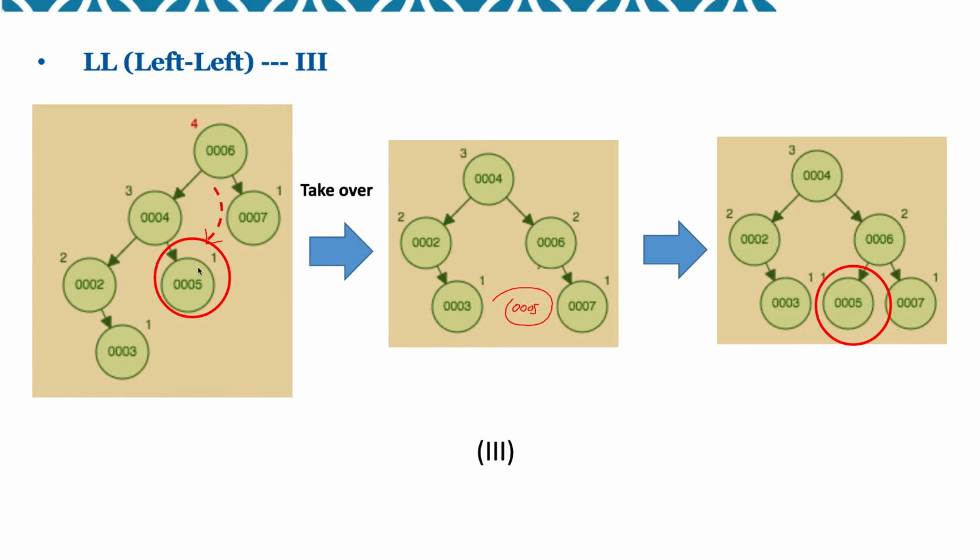Otherwise, it wouldn't be hung to the right part of number 4. So it will always be bigger than number 4, so it should go into this branch, and then always less than number 6, so it should be attached to the left subtree, because the left subtree is always less than the root, right? This is the rule for a binary search tree. So it should be placed here in the third case.